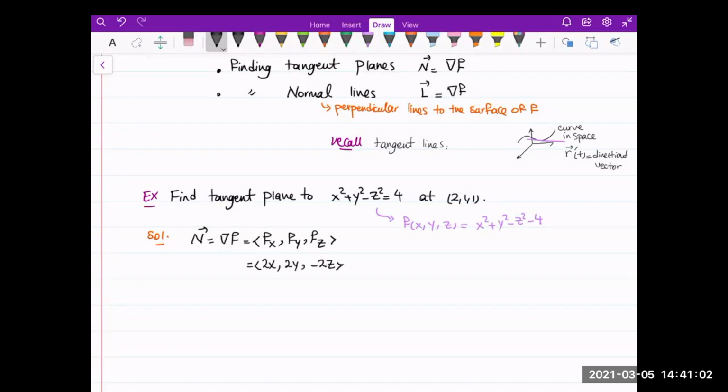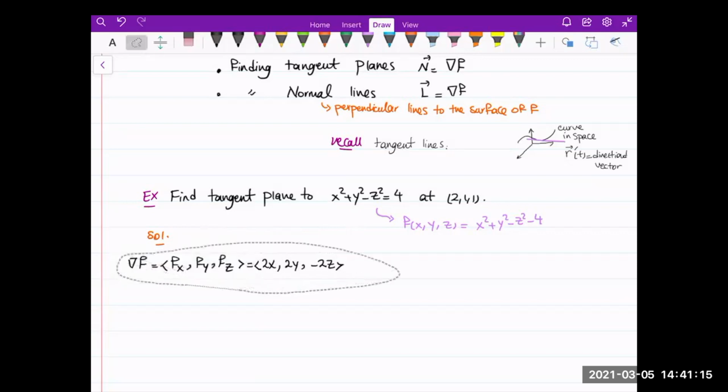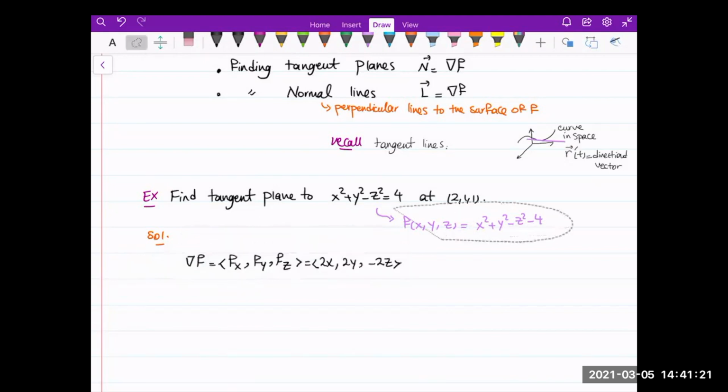So the gradient vector at the point 2, 1, 1, let me write it like that.